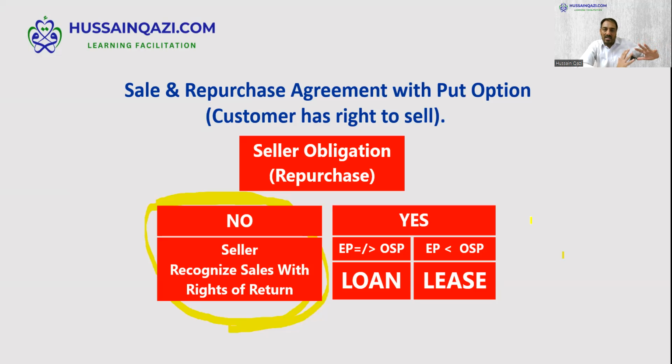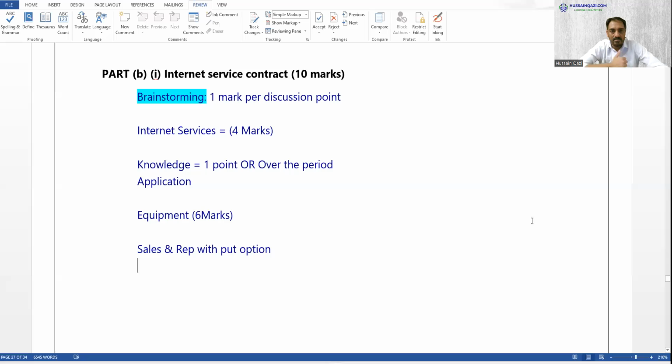Here, at the transaction date, there is an expectation that the obligation will not materialize, so put the knowledge with seller obligation, repurchase, no. That's all. Sale and repurchase with put option, and in fact you have identified that there is no obligation.